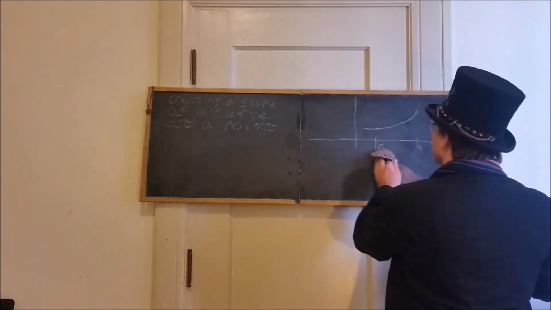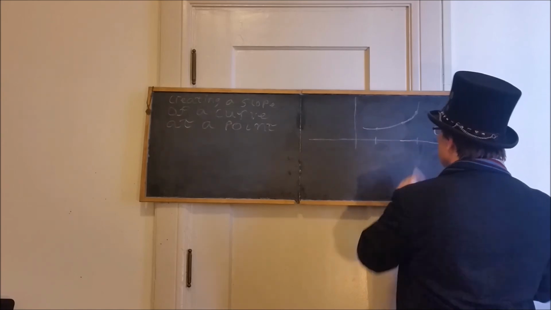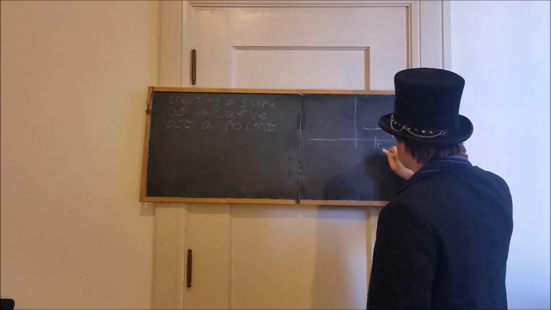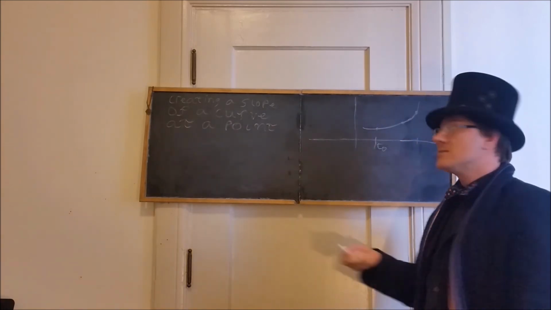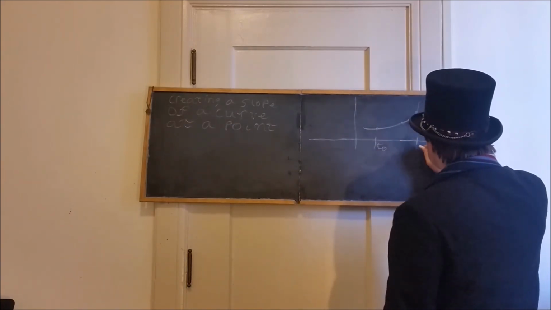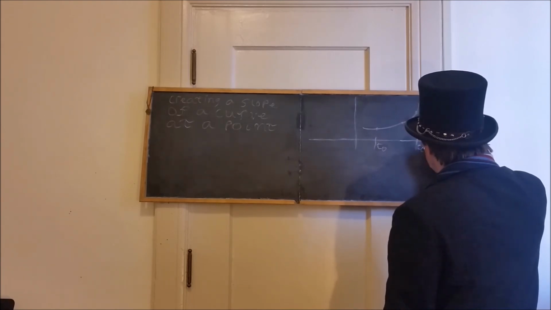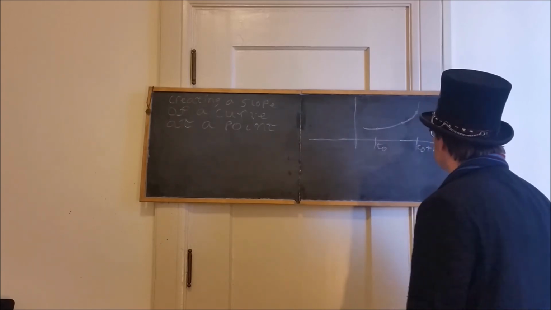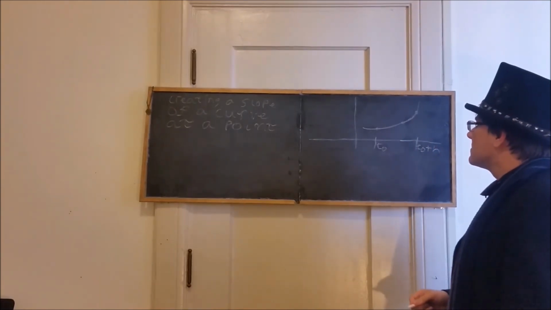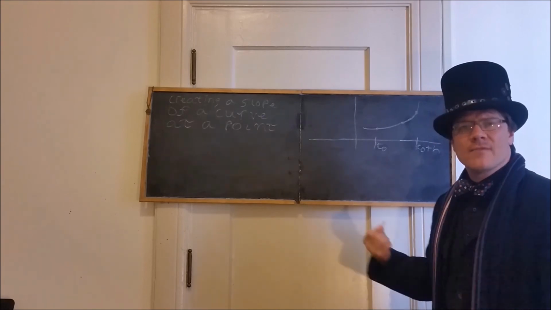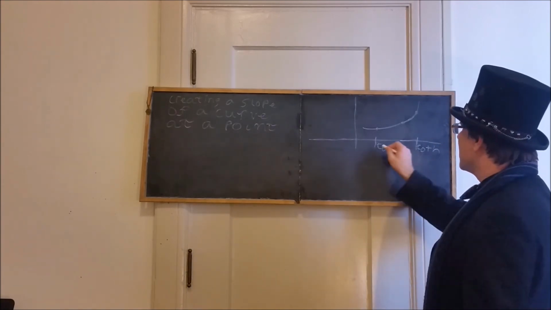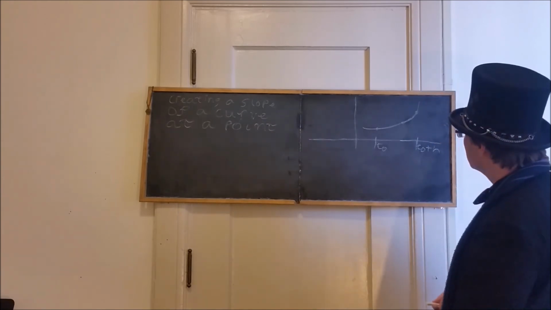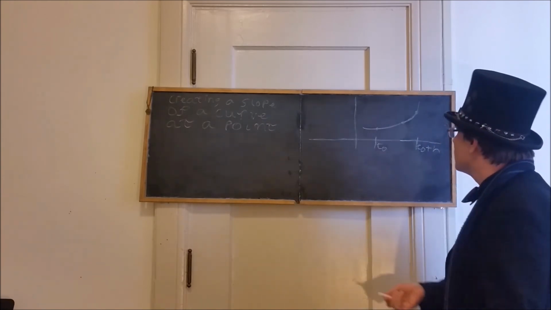So let's call this t sub 0, and t sub 0 plus h. Okay, so sub 0 simply means the time hasn't started yet. T represents time, 0 represents that you haven't actually begun your journey from one point to the other.